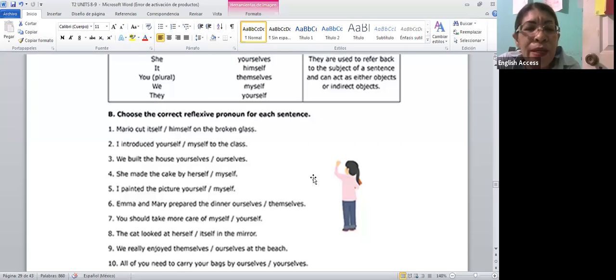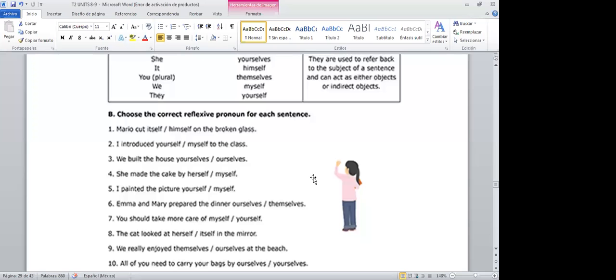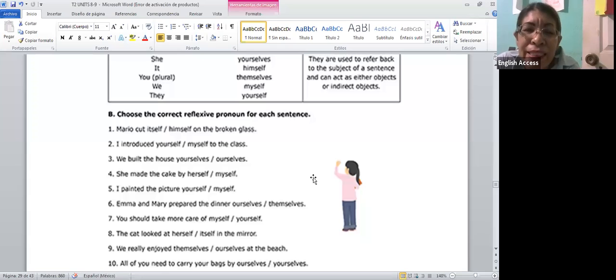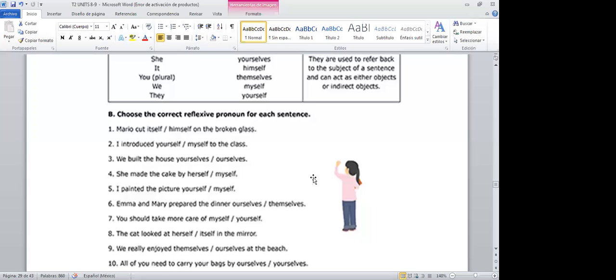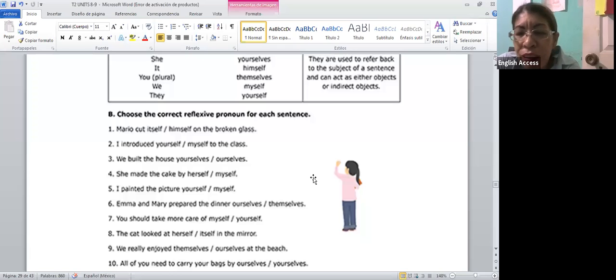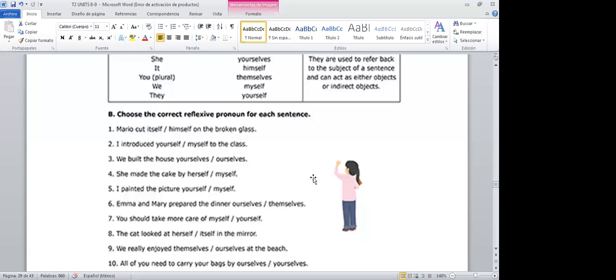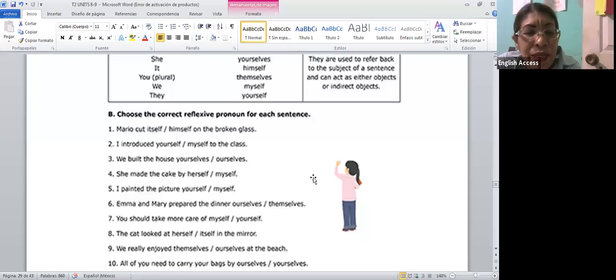Yes. Number three, Damaris. We build the house ourselves. Yes. Number four, Luis. She made the cake by herself. Number five, Damaris.